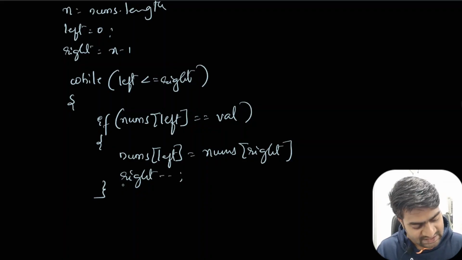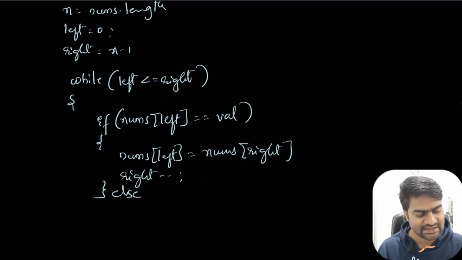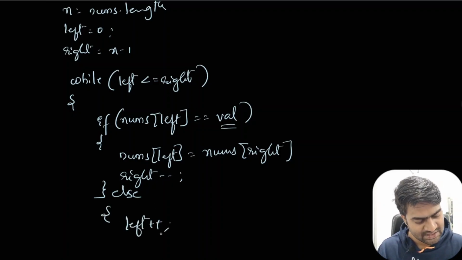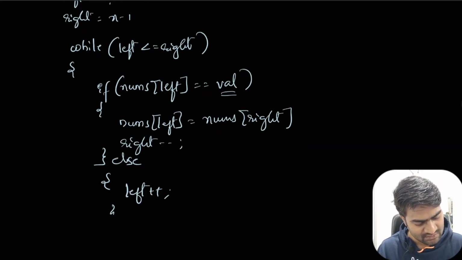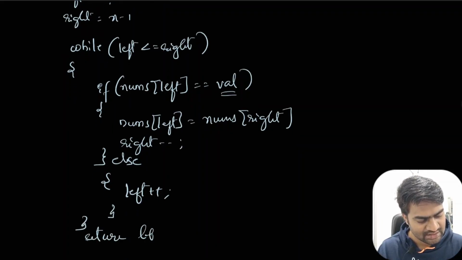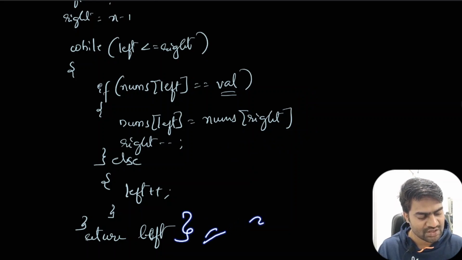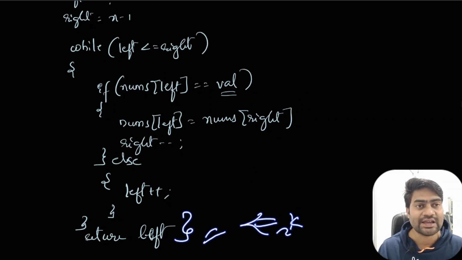If it is not val, then we simply move our left pointer by 1. Now at the end you can simply return the left pointer. This will make sure to modify your array, and this will make sure to return your k value.